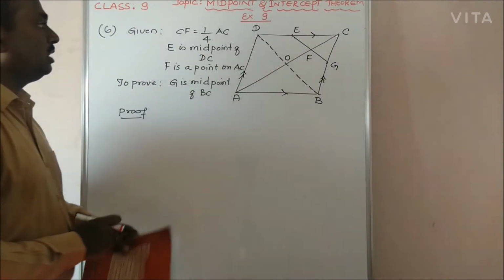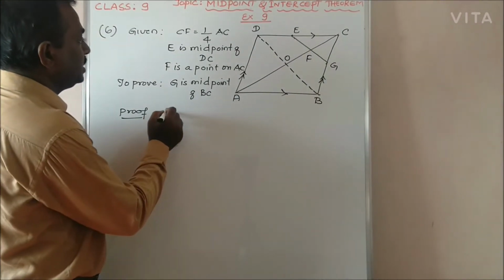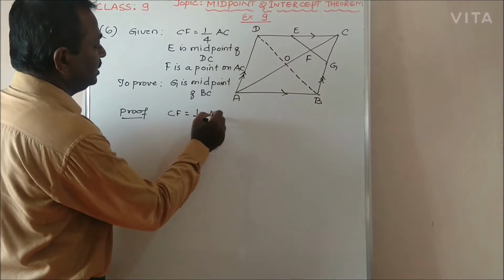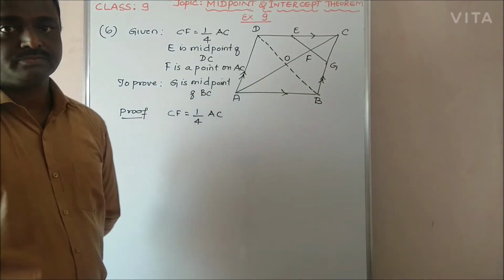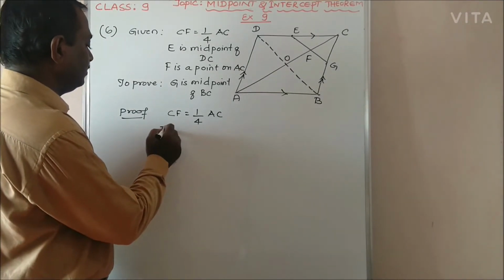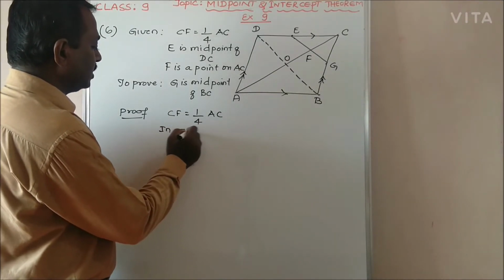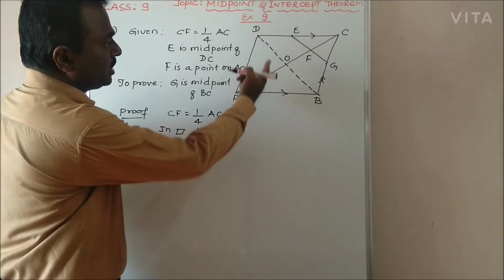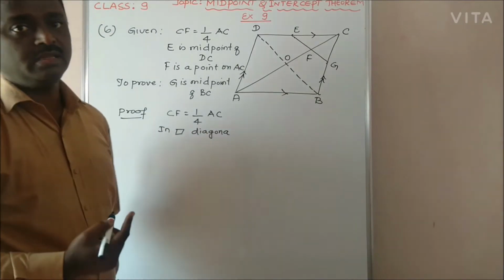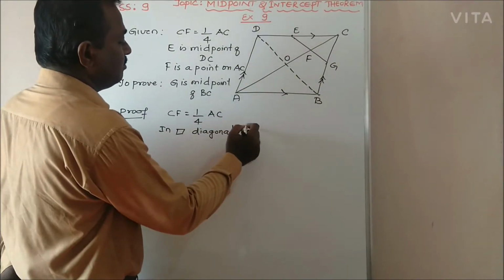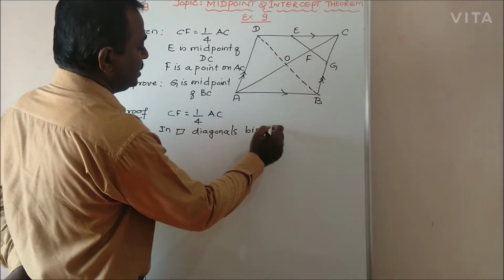Now observe here, given CF is equal to 1 by 4th of AC. In a parallelogram, we construct the diagonal BD. Diagonals bisect each other.